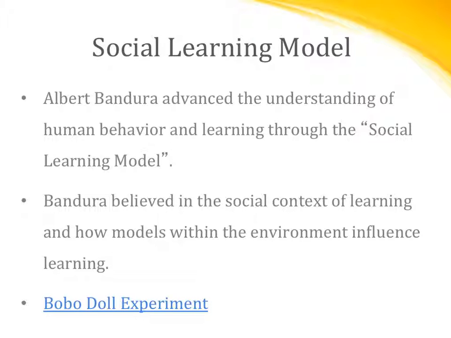The next model is a social learning model. Albert Bandura advanced the understanding of human behavior and learning through the social learning model. The social learning model recognizes the cognitive influences on behavior and the role of models within the child's environments as being central to learning.